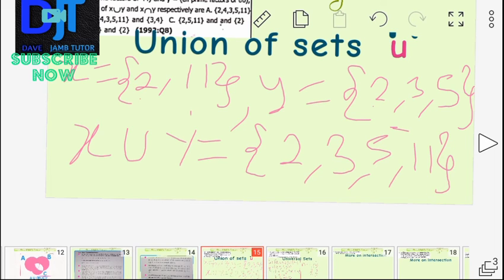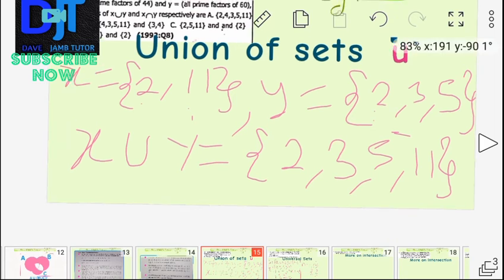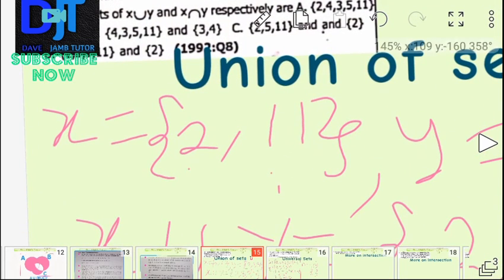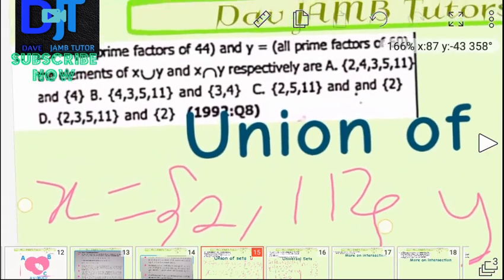As I explained before, it means everything in x and y is what I'm going to write out as the union, but if I find anything that exists in both, I will write it once. Our answer is 2, 3, 5, 11, and that is A.